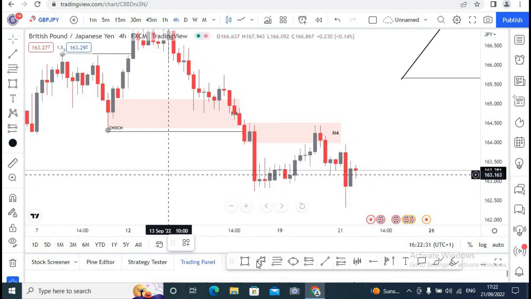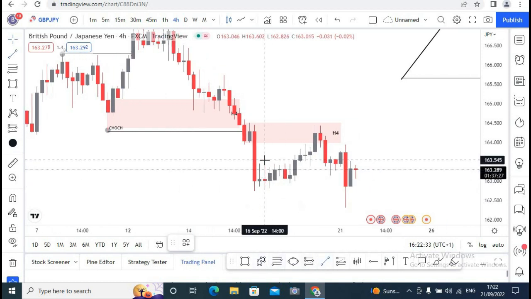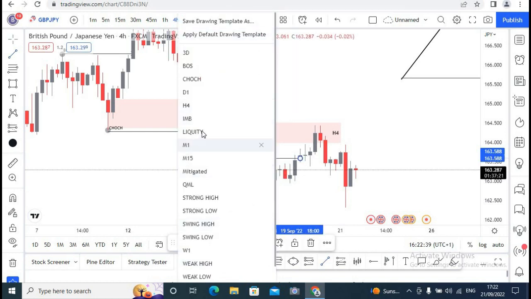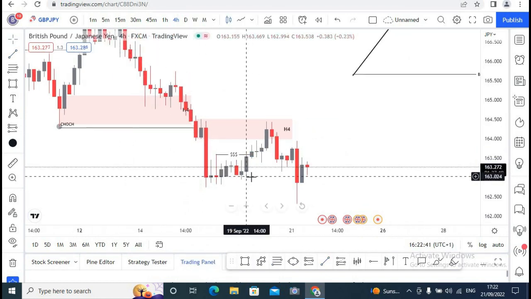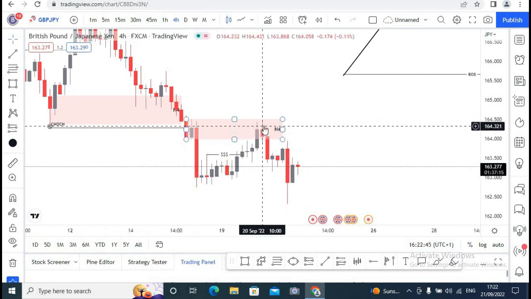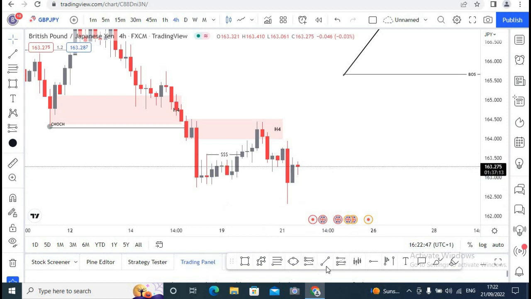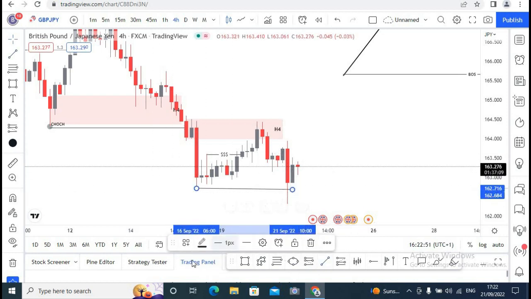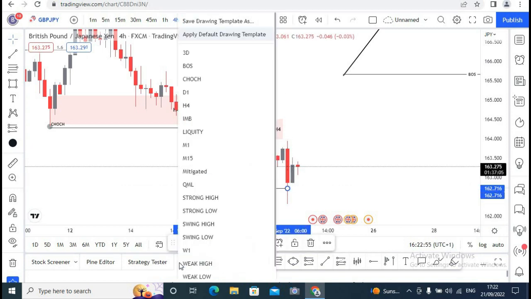And we did have a nice inducement right here, meaning the liquidity was being grabbed, and the price nicely went to the supply level and rejected as we expected, meaning this will now become our break of structure.